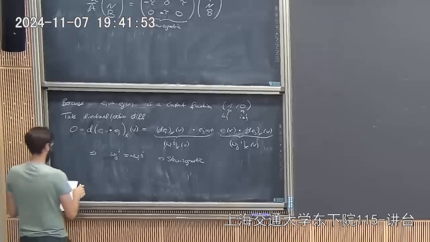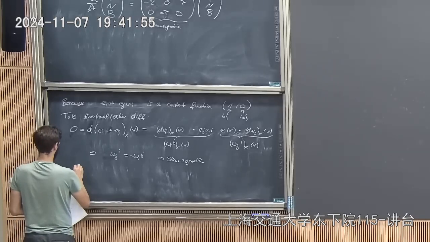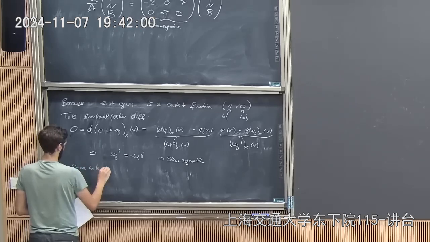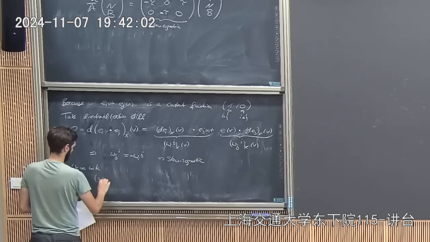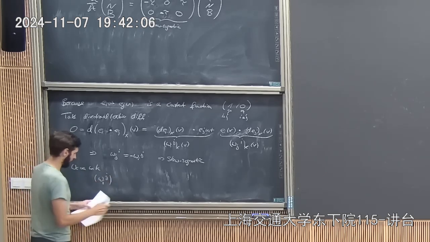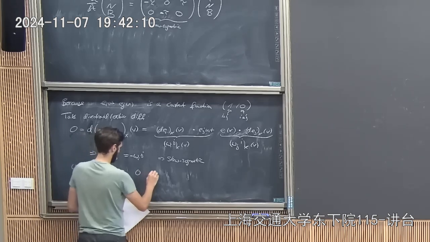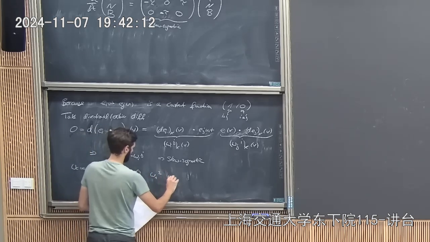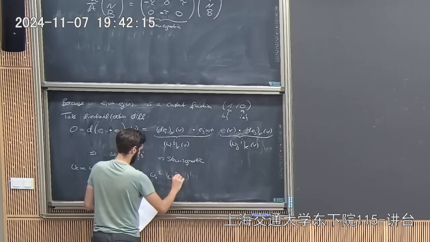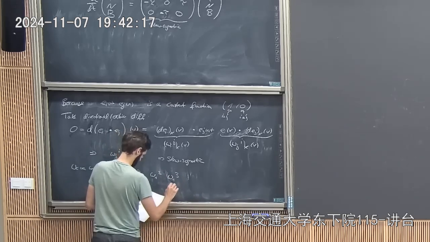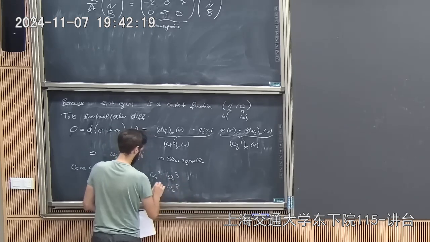So we can think of, if you think of that as a matrix, omega_ij, it has essentially only three elements that are left. It's omega_12, omega_13, and omega_23.